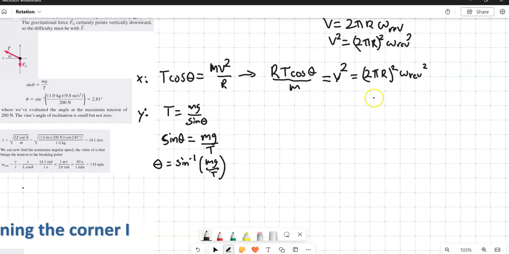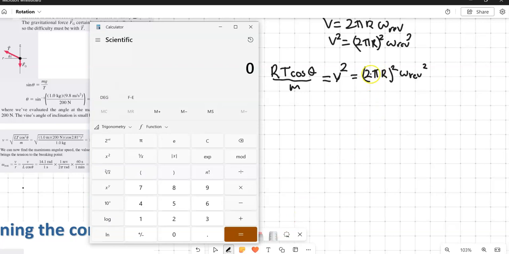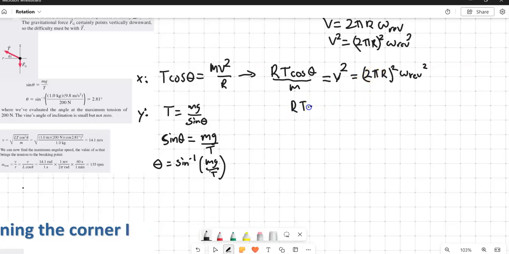Okay? So let's do a couple things here. Let's rewrite this so it makes a little bit more sense. 2 pi cosine of theta, relating this to this, 2 pi cosine of theta over m, and that's going to be equal to 2 pi squared times r squared, omega revolutions squared.